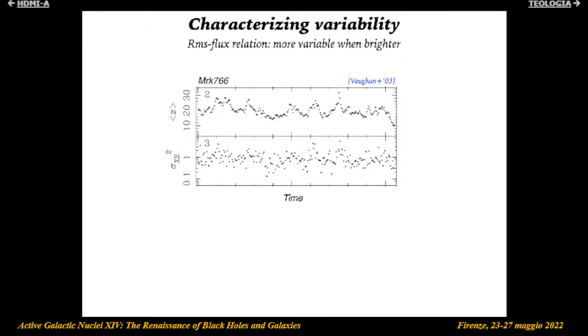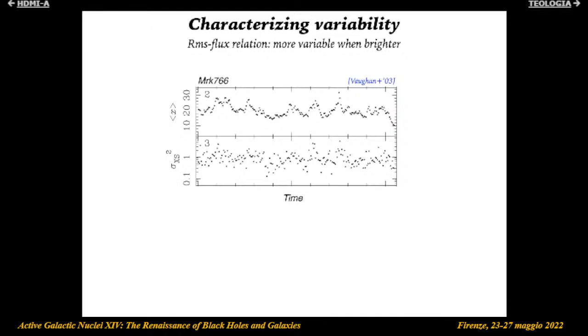So one of these is this RMS-flux relation that has been found studying both AGN and black hole binaries. So basically, this relation is telling us that the source is more variable when it's brighter. However, I don't think this is telling much. The best way to see this RMS-flux relation is to consider this sort of representation here.